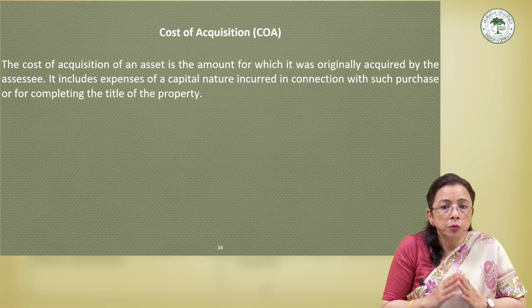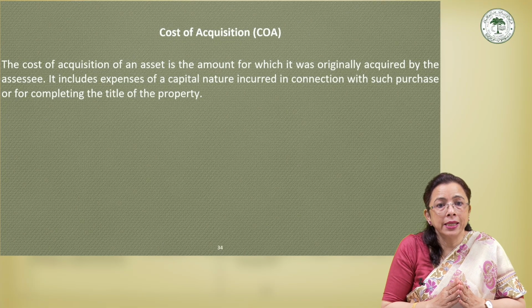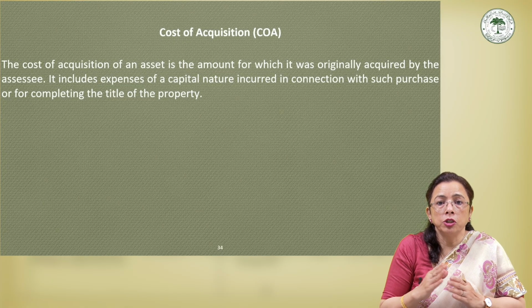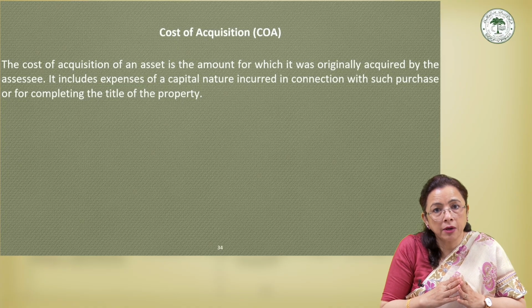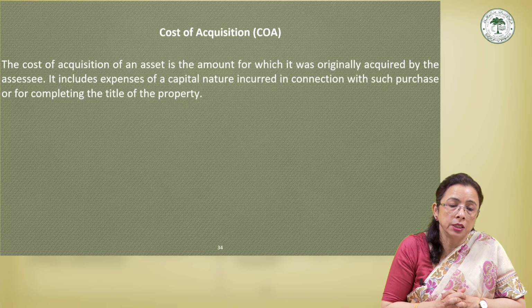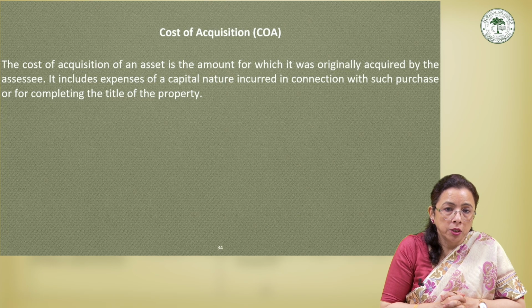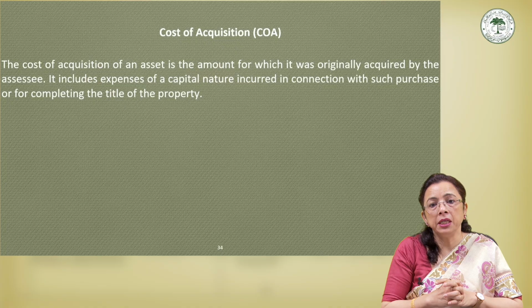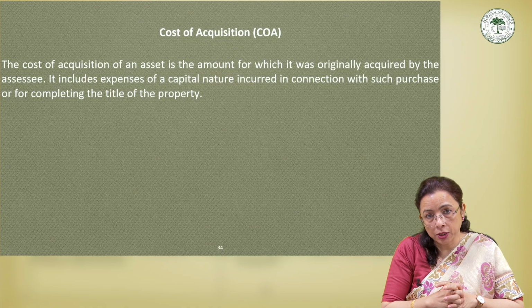It is one of the most important components in the computation of capital gains because the profit on transfer is calculated after deducting its cost from the full value of consideration. So, in simple words, cost of acquisition means the original purchase price of any asset.